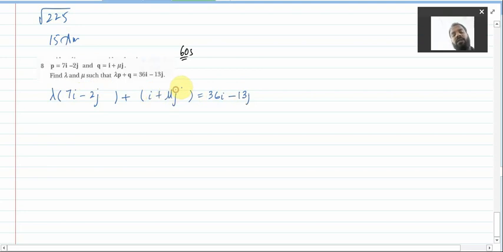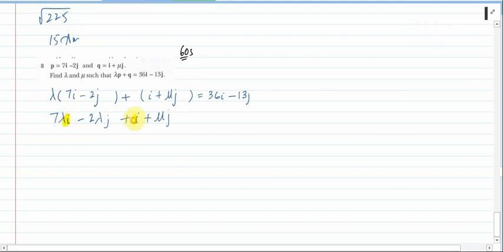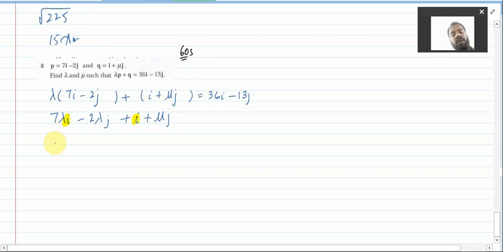Now, if I multiply here, that will be 7 lambda i minus 2 lambda j plus i plus mu j. I will gather the same terms of i here. These two terms have i. So it will be 7 lambda i plus i. Sorry, only i it is, not lambda.